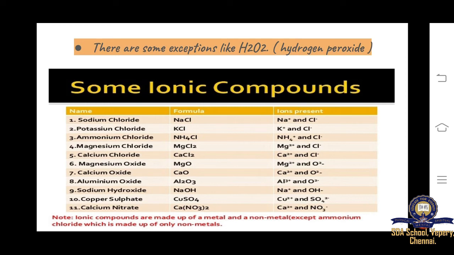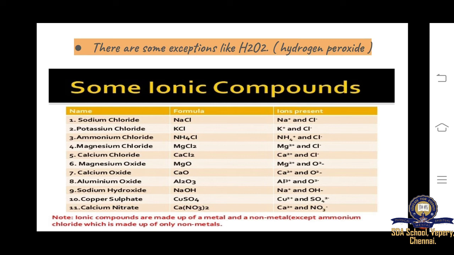Here we have some ionic compounds. Sodium chloride, NaCl, here Na plus and Cl minus. Potassium chloride, KCl, K plus and Cl minus. Ammonium chloride, NH4Cl, NH4 plus and Cl minus. Magnesium chloride, MgCl2, Mg2 plus and Cl minus. Calcium chloride, CaCl2, Ca2 plus and Cl minus.